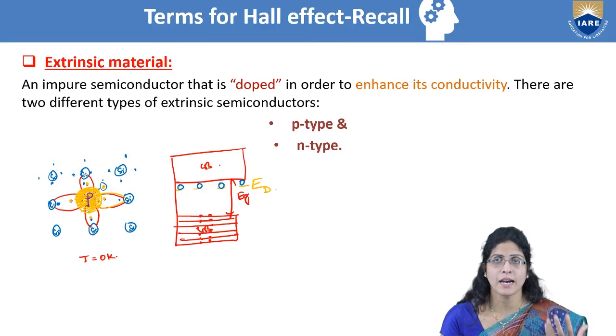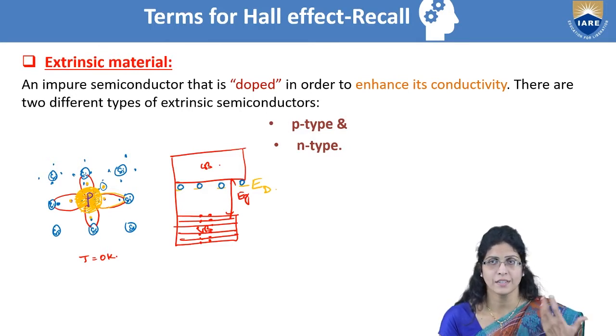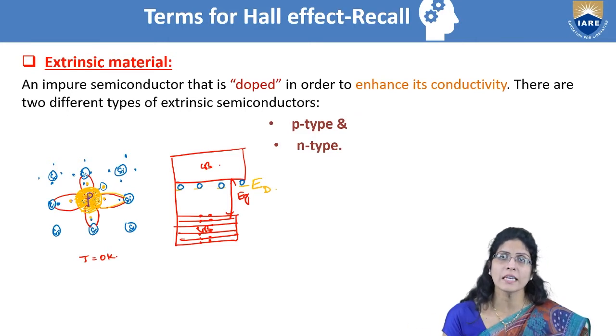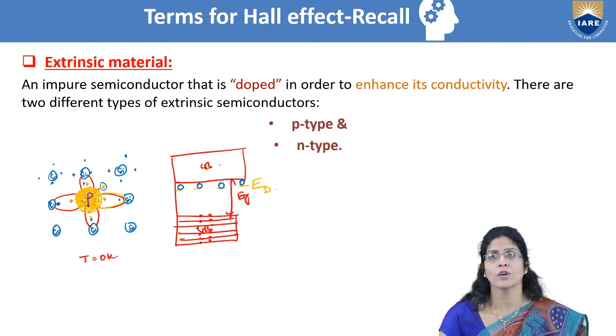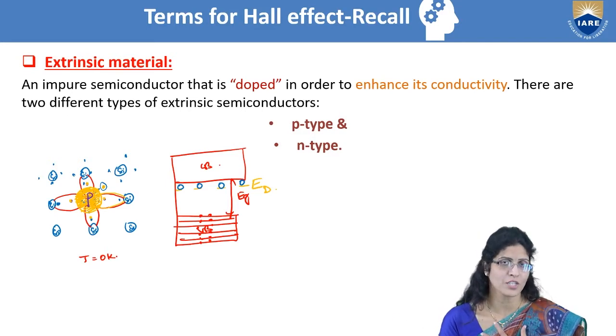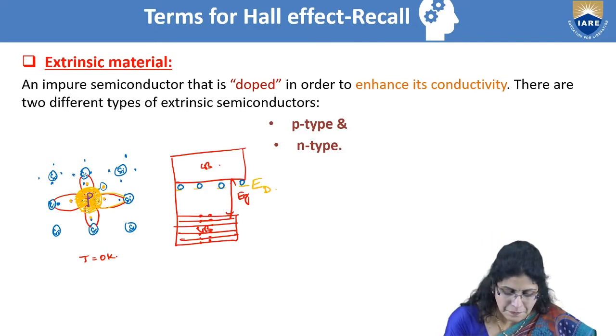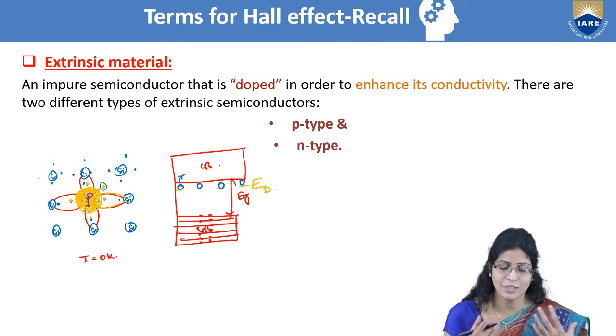And when it takes the energy and gets excited, what does it mean? This phosphorus is donating its one electron to the lattice. When it loses one electron, it gains a positive charge, converting into an ion. You can also call it ionization of the phosphorus atom. So this phosphorus atom will donate its one valence electron to the conduction band.